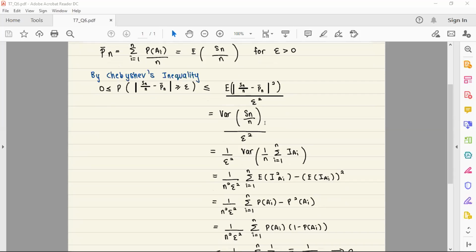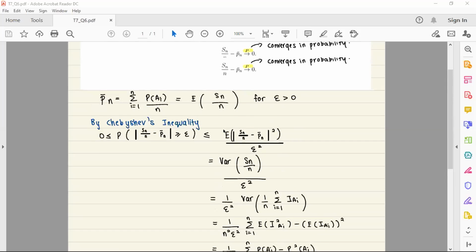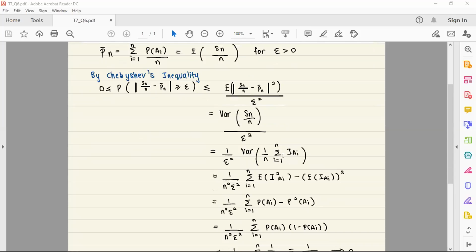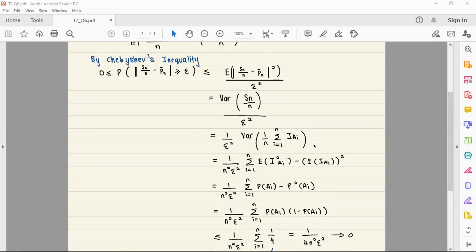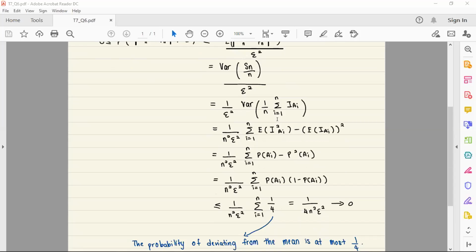And then here we recognize the numerator as the variance. From the question, we substitute Sn into this quantity, and then we do the expansion for the variance.